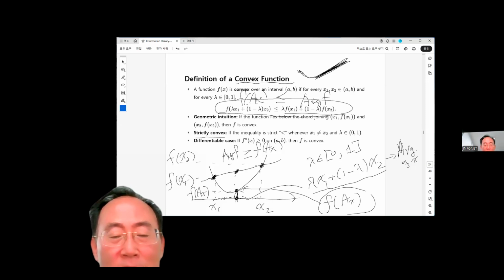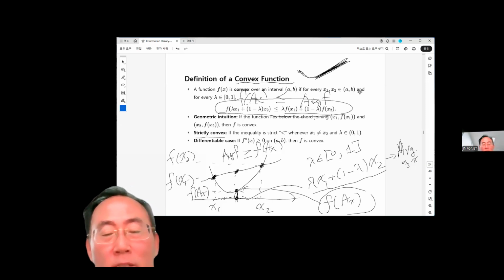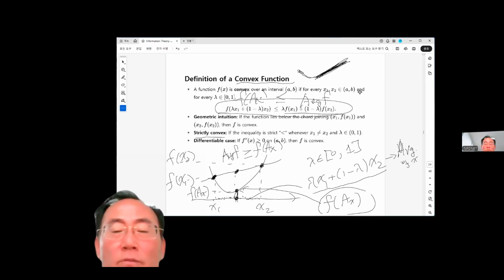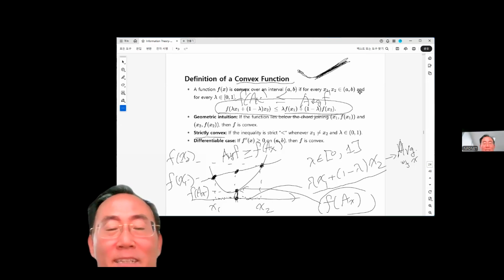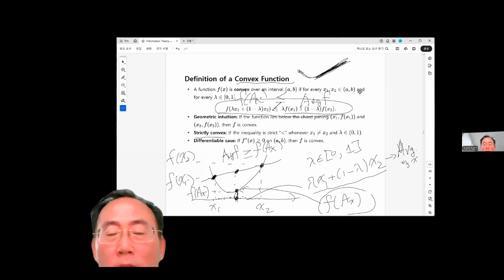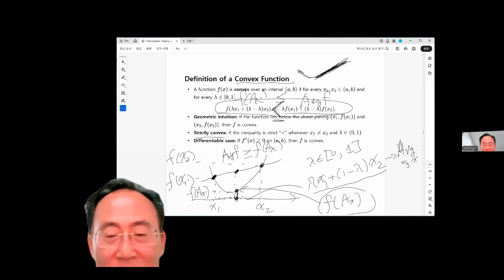Second derivative, if it is differentiable, is always greater than 0. That is that case. In the strict sense case, then we say this is in general true, right? And then equality is true. Equality is not allowed, basically. Okay.